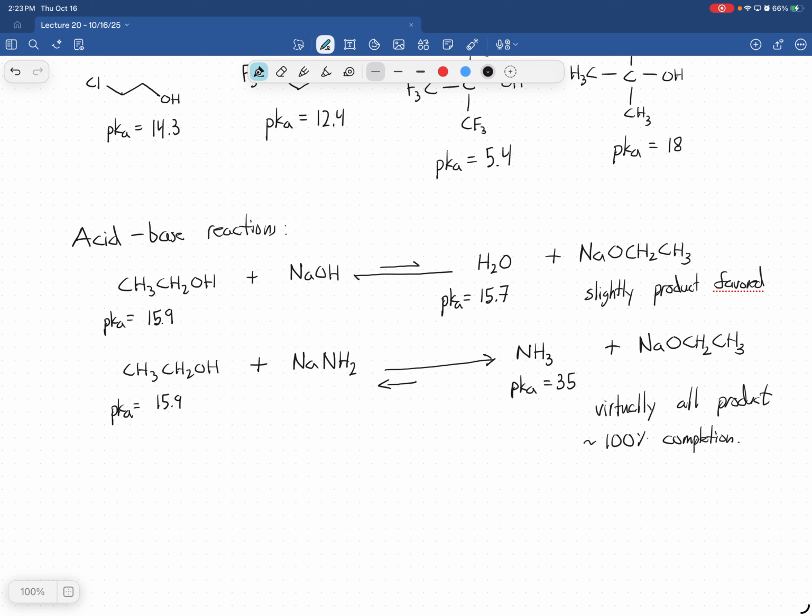So I just wanted to make the case that some product forms. So let's just change that wording here. So slightly products. So let's say little product formation. But yes, it's more accurate to say reactant favored. Okay, thank you.